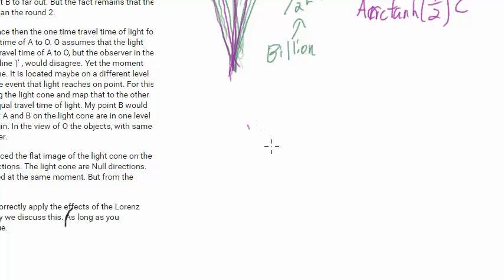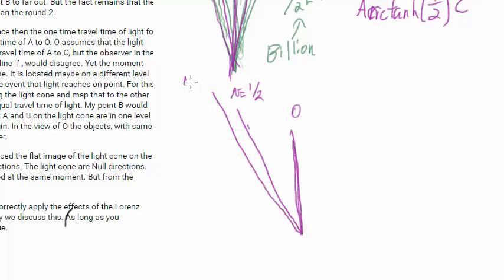So if we want to compare these things, we would have 0, v equals 1/2, and then a little bit further over here v equals arctangent of 1/2. And the arctangent of 1/2 would be moving slightly further away.